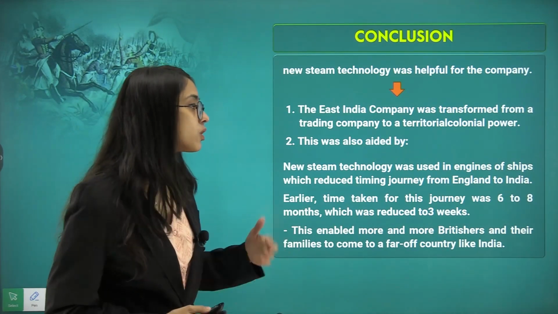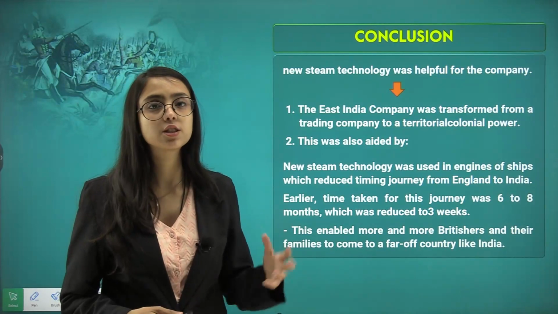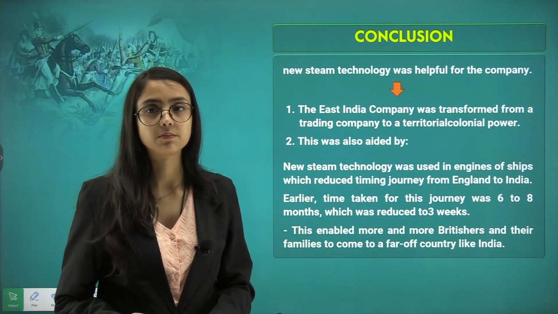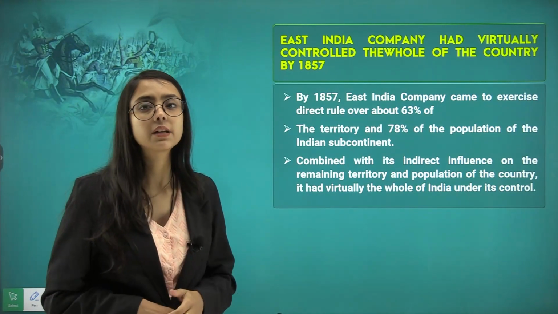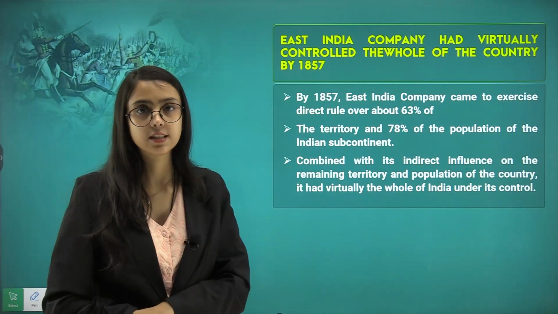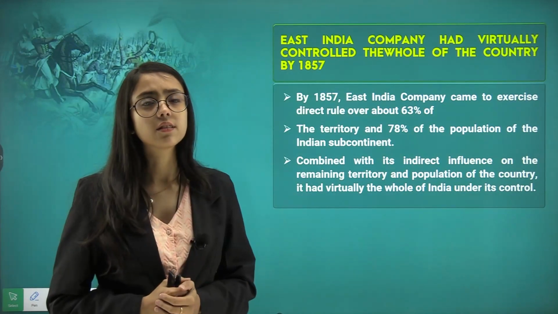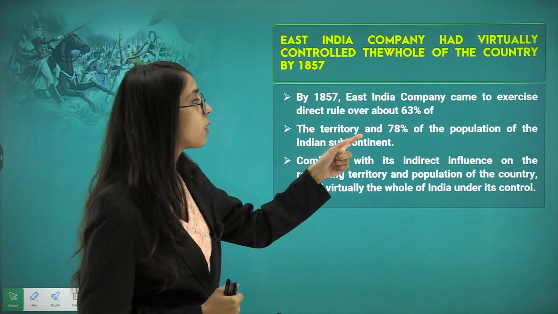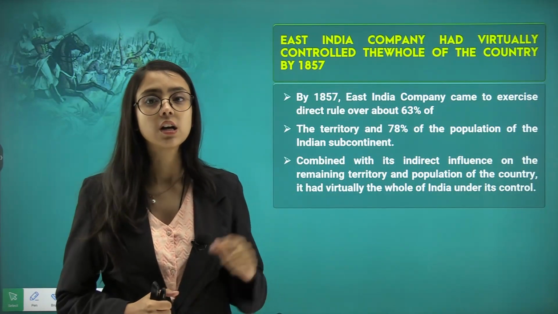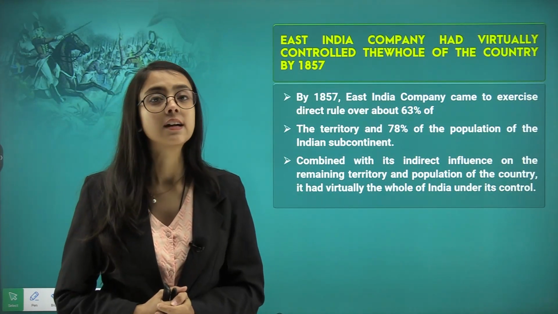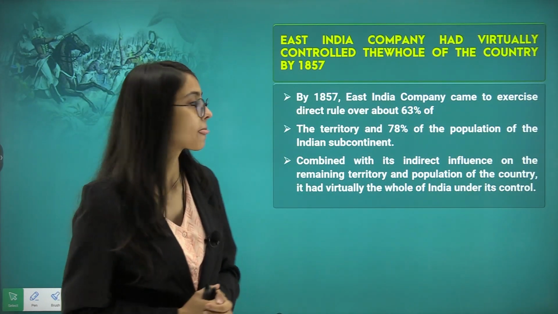This enabled more and more Britishers and their families to come from far off lands and settle in India. Now, the East India Company had virtually controlled the whole of the country by 1857. In 1857, the East India Company came to exercise direct rule over about 63% of the territory and 78% of the population of the Indian subcontinent.